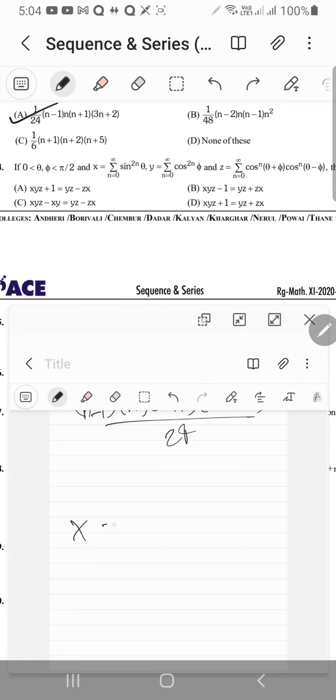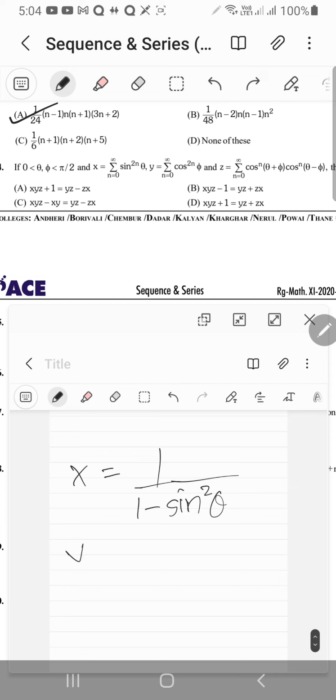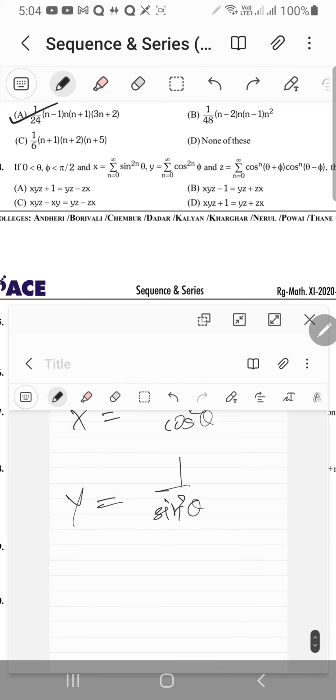So X is essentially 1 upon 1 minus, because like you start from 1. So yeah, and then 1 upon 1 minus sin squared of theta, right? Yes, Y is 1 upon 1 minus cosine squared theta, which is basically like this is cosine squared theta, right? 1 upon cosine squared theta. This is 1 upon sine squared theta. Oh, it's sine squared phi.